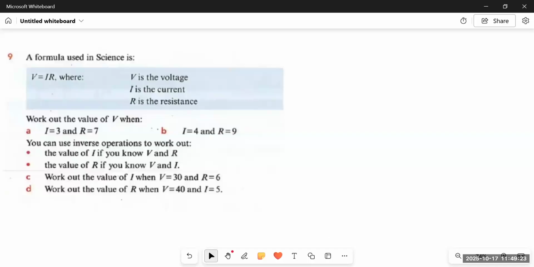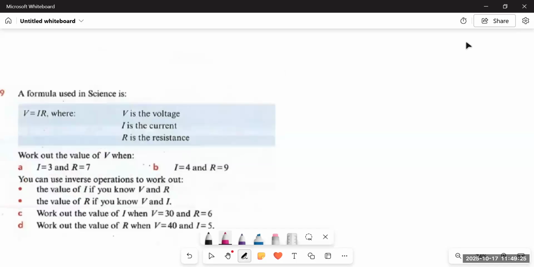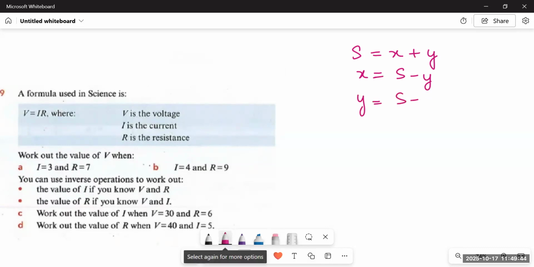So we can conclude from here that if we are provided with the sum of two things, if s is equal to x plus y, then x is equal to s minus y and y is equal to s minus x. Okay?